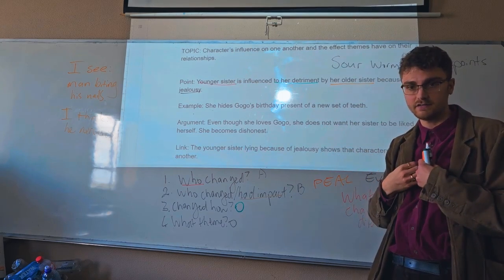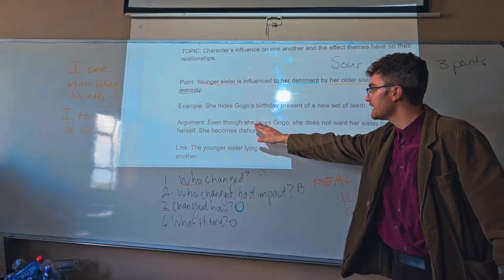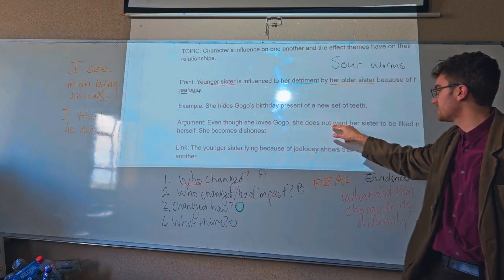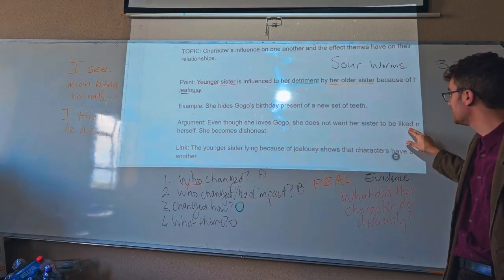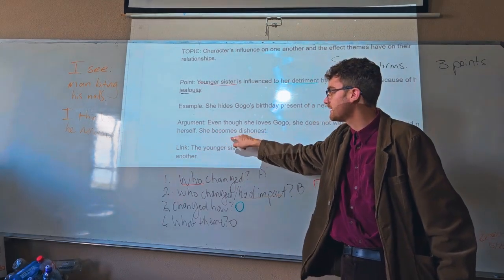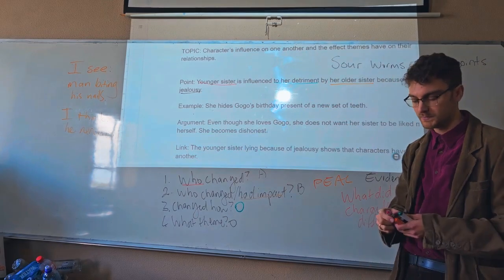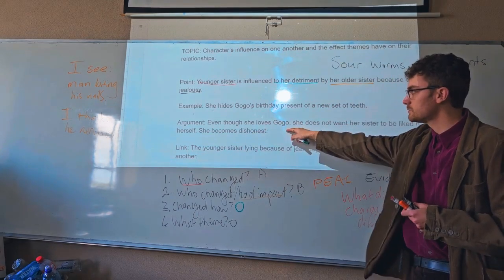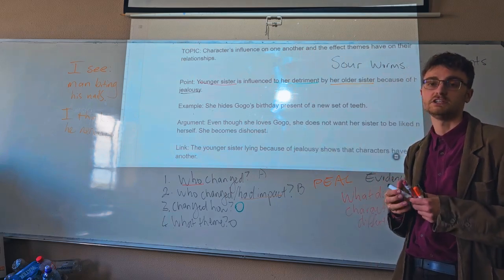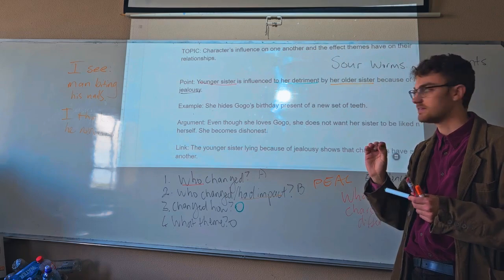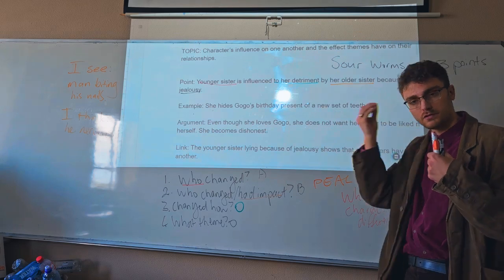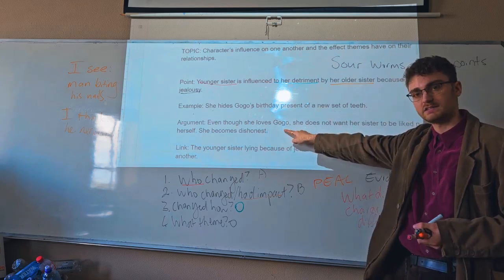How is this character different? So even though the younger sister loves Gogo, she doesn't want her sister to be liked more than herself. She becomes dishonest. So never in the story did it say she has become dishonest or that she's lying, but just through her hiding something, we make that conclusion that she's being dishonest.